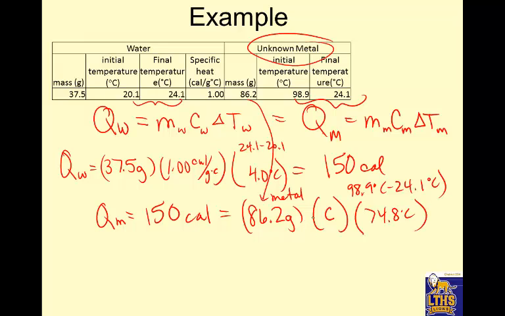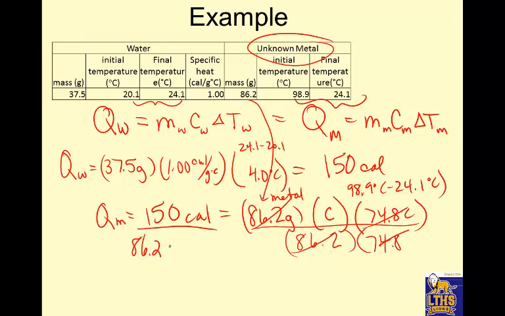All right, so what does this mean? Well, this means that this C is going to be equal to the 150 divided by 86.2 grams and divided by 74.8 degrees Celsius. This is not Q, this is C, because the Q was the 150.